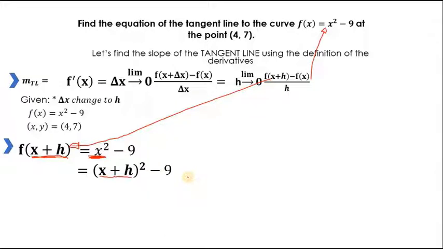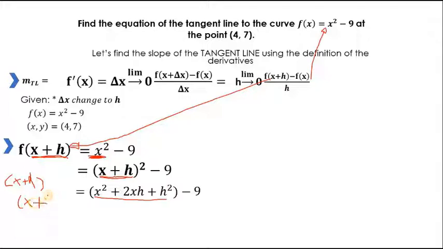After you evaluate that one, keep on simplifying. If you simplify this one, it will become x squared plus 2xh plus h squared. How is this equivalent to this one? We believe that x plus h squared is equal to x plus h multiplied by another x plus h.